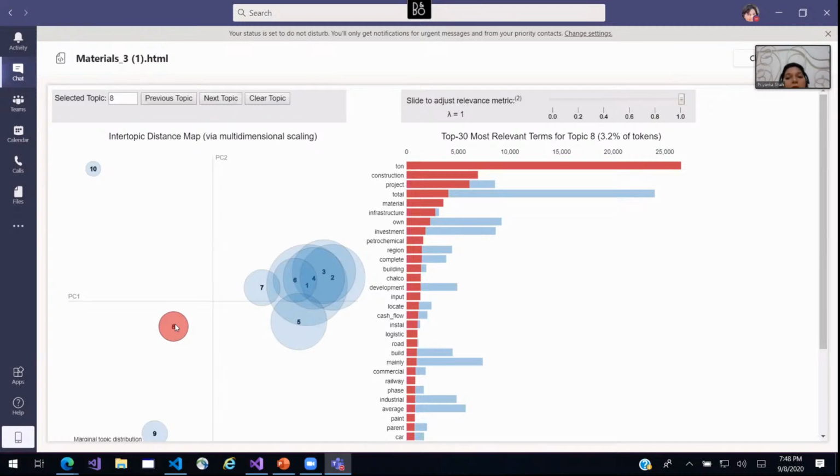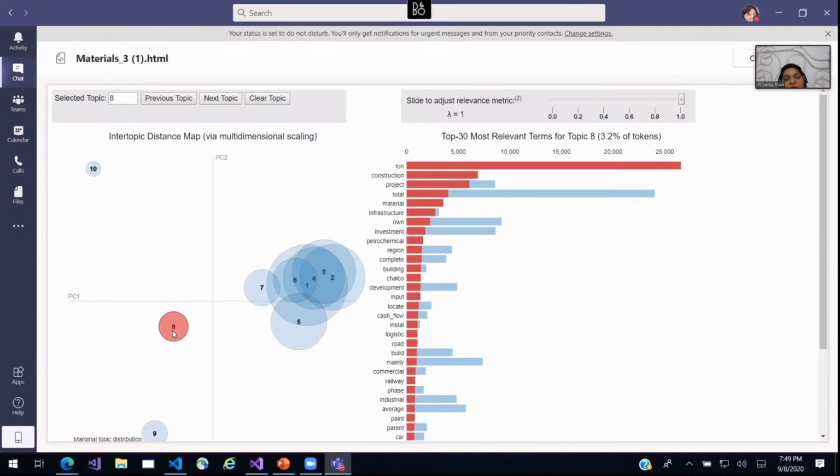Now, when we are building the taxonomy, we cannot look at all the words. What LDA gave me is, under one particular topic, what set of words are occurring. So under this topic 8, all my documents are talking of logistics, construction projects, infrastructure, materials and stuff like that.